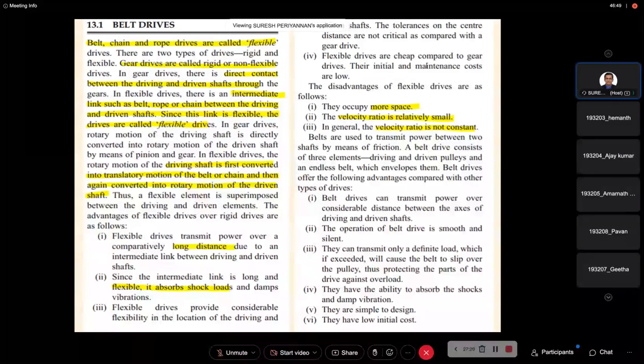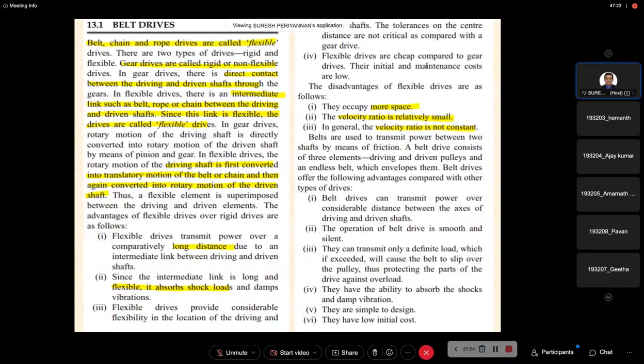Suppose you connect the belt to a driving pulley and driven pulley today; after one month of continuous functioning, due to wear and tear, the slip effect is going to change. That means the coefficient of friction between the belt and the pulley changes slightly. That also causes a change in velocity ratio. These are the disadvantages.